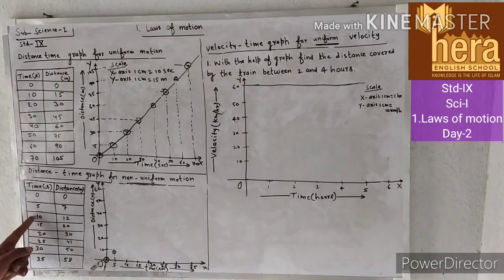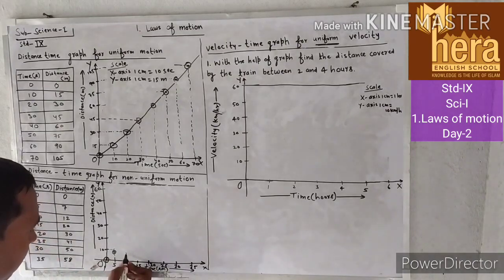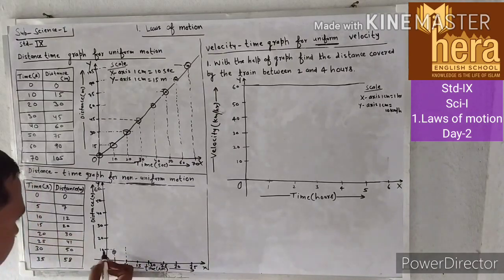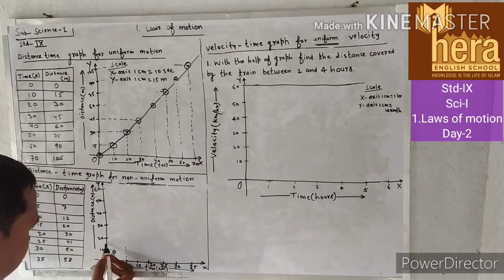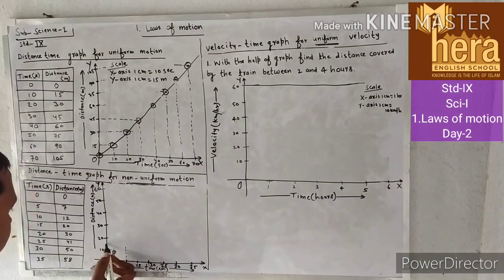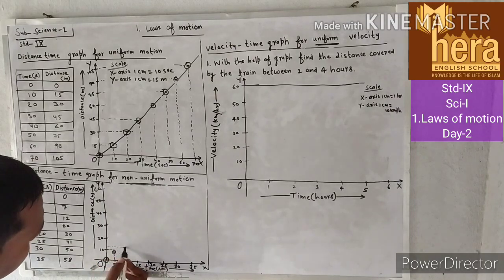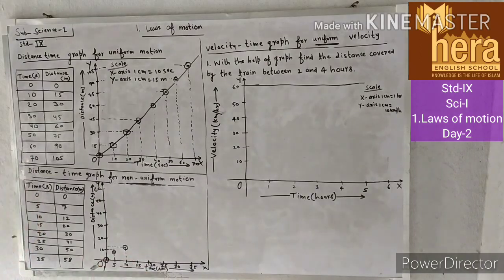Time is equal to 10 second, distance is 12. Here will be in between 20 and 10, maybe just above 10. Here will be 12.